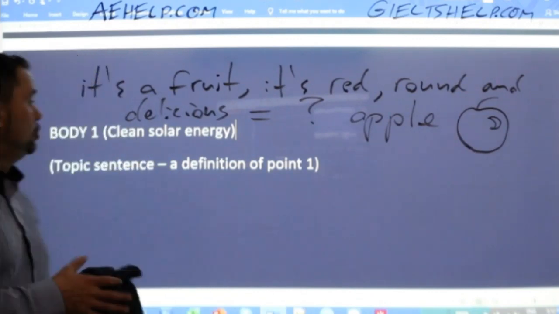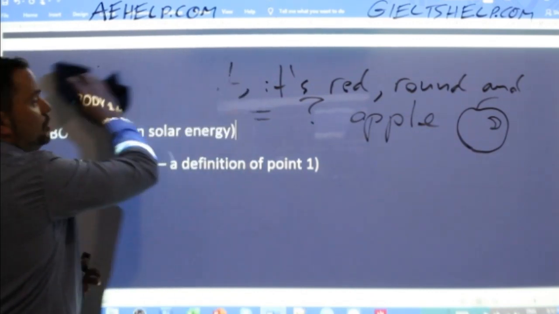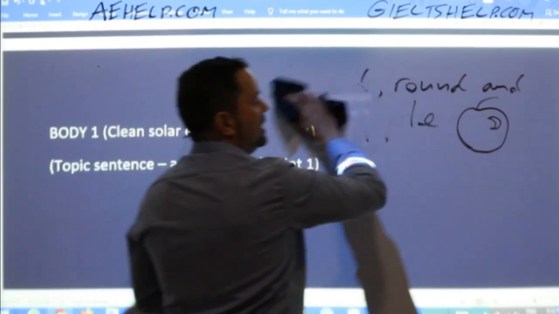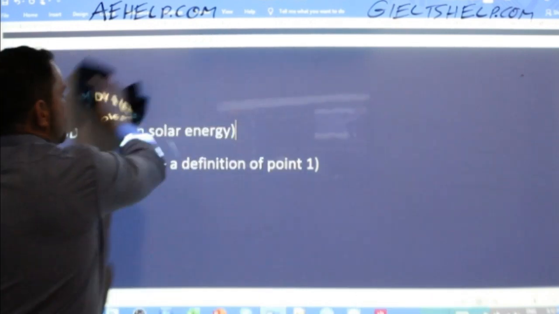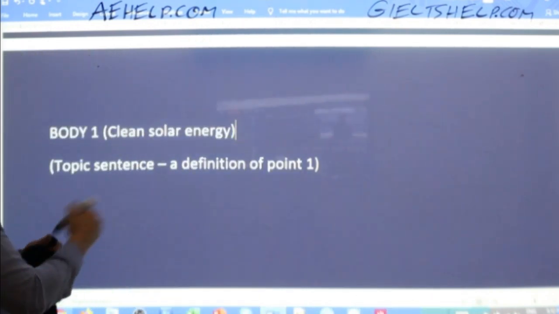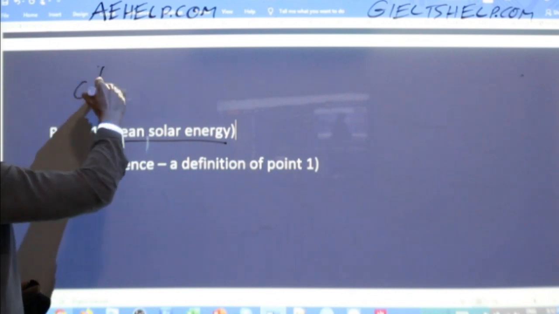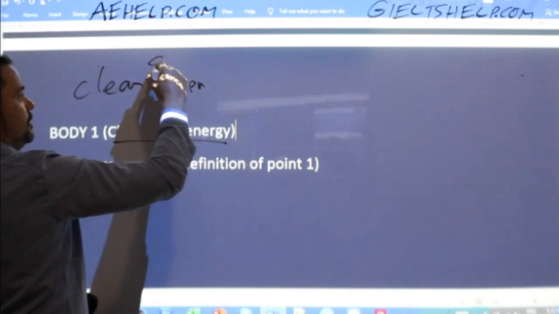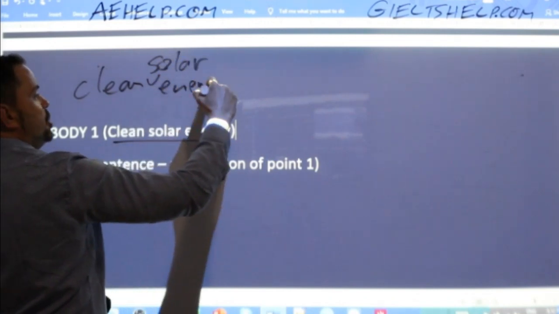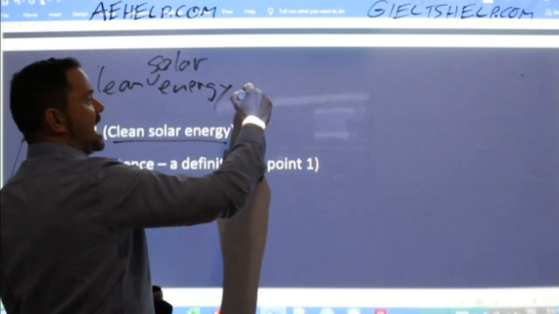So you want to do the same, but in reverse for your topic sentence. So when we say clean energy, okay, so clean energy or clean solar energy is like saying apple.